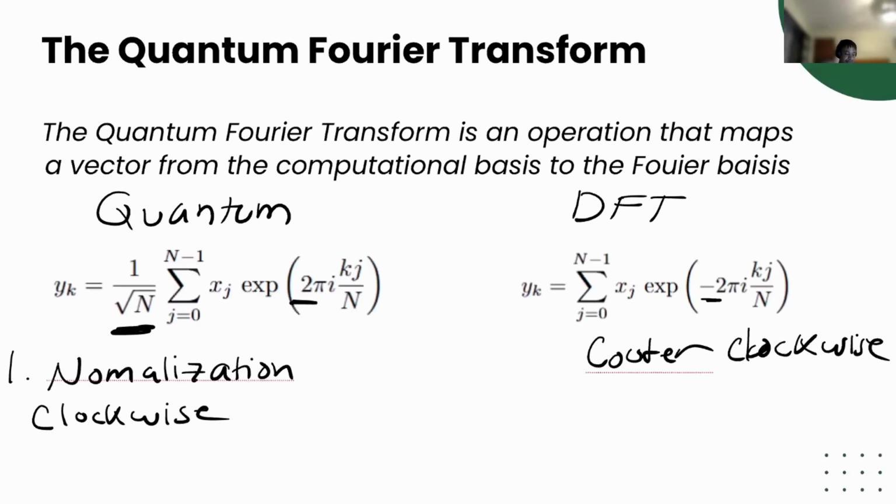And so both the quantum Fourier transform and the discrete Fourier transform map the computational basis to the Fourier basis. It's just that the direction in which they do it is opposite. So the discrete Fourier transform is actually analogous to the inverse of the quantum Fourier transform and vice versa.